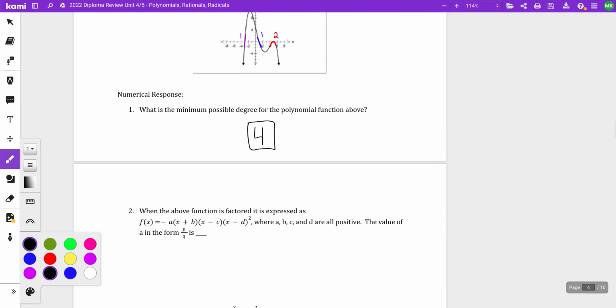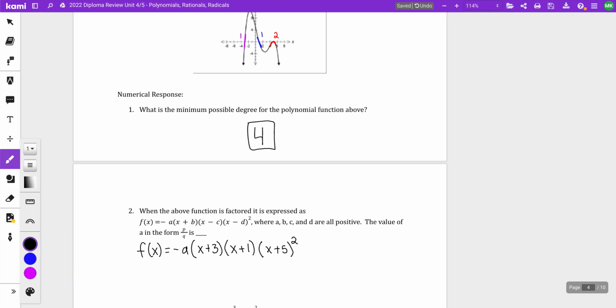So I can start with this. Oh, my bad, I got all those positives and negatives wrong. There we go. Right? My x-intercepts into my factored form.